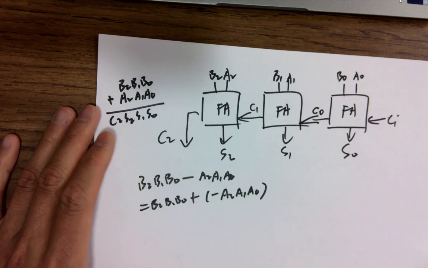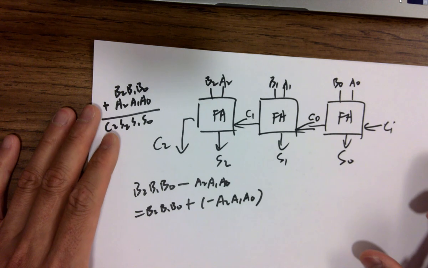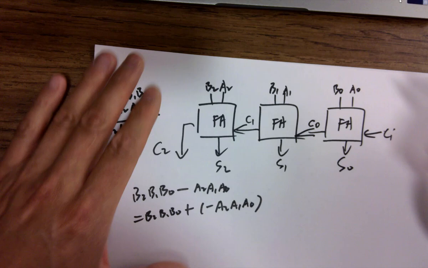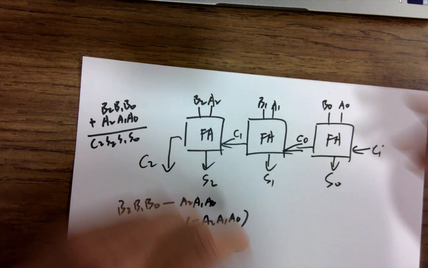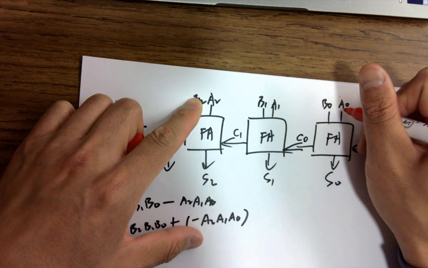According to the 2's complement operation, we flip every single bit and add a 1 to it. So the way we do that is we add a XOR gate to it.